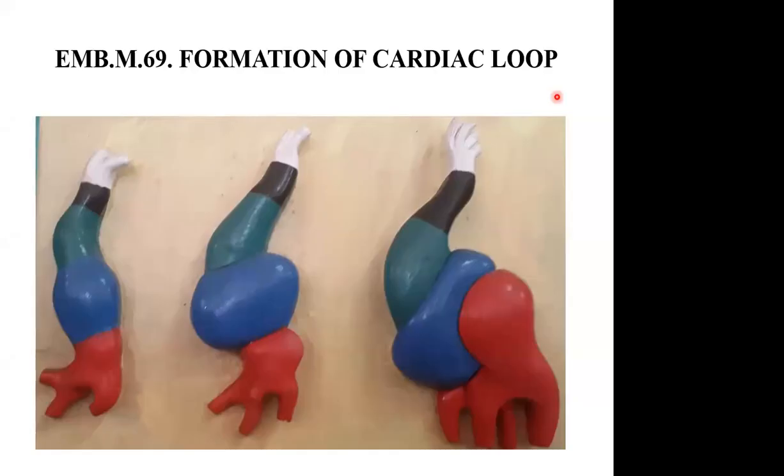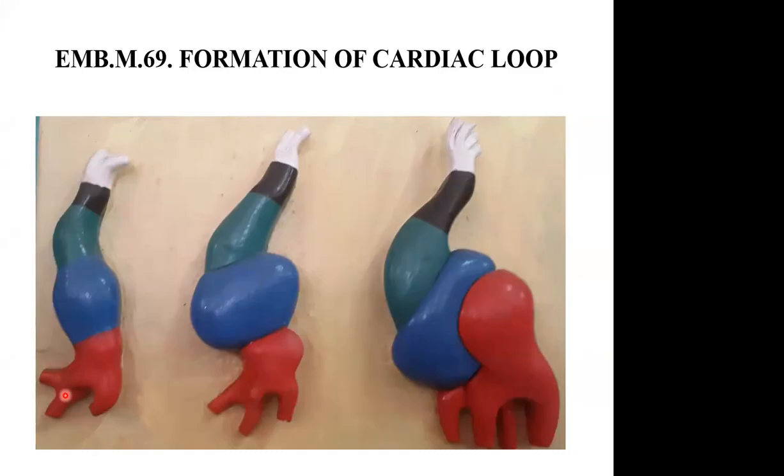The fusion is incomplete at the venous end, and those unfused parts are called the horns of sinus venosus. That's all. Very good. Now, this is the arterial end, and this is the venous end.